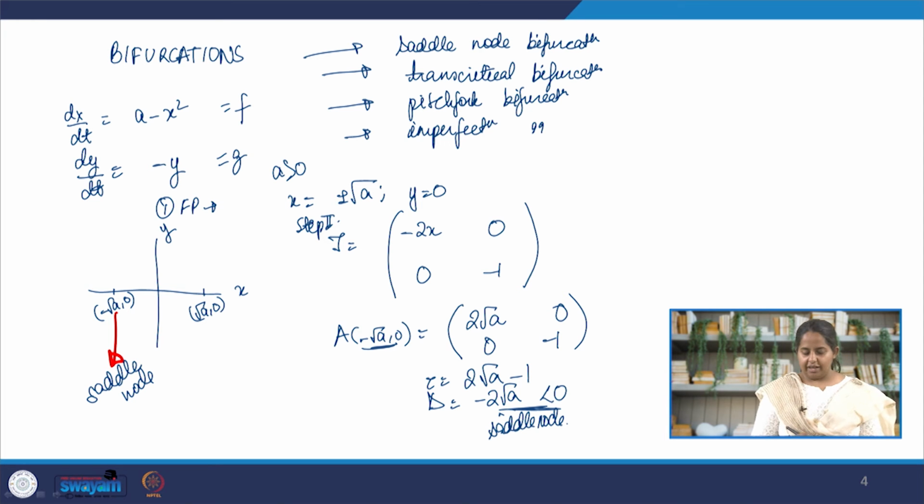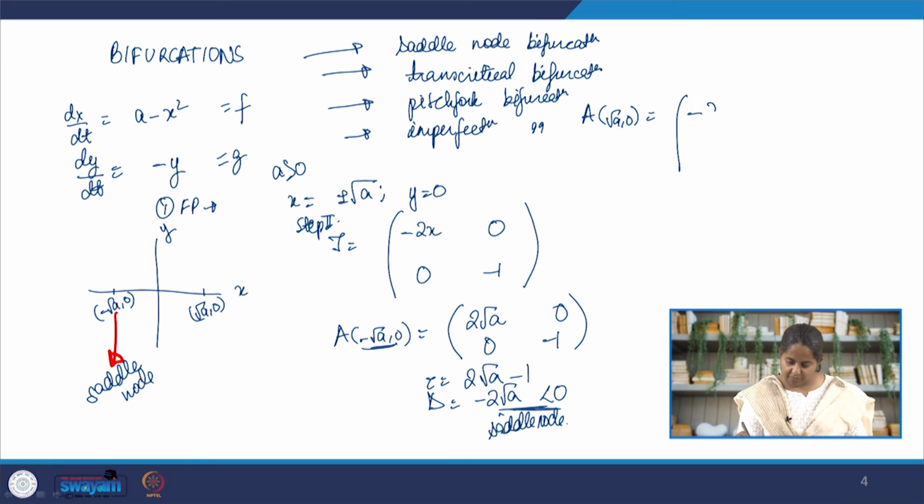Now let's look at (root a, 0). So for (root a, 0), the characteristic equation will look like this. Now here our determinant is 2 root a, it is positive.